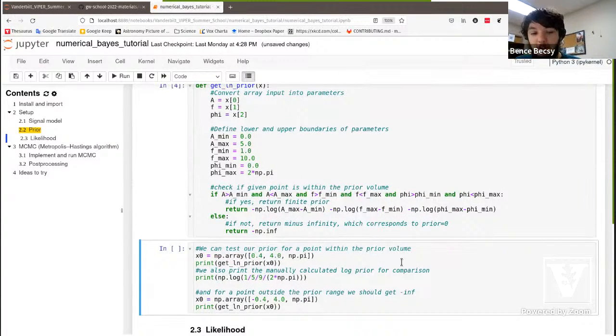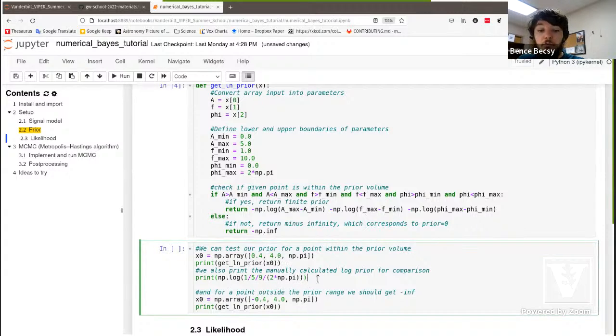It's probably a good idea to test your prior function just to make sure that it makes sense. So here I just plugged in some parameters that should lie within the prior ranges, and then I print the log prior for that value. I also print one that I calculated by hand here, which is just 1 over 5, which is the amplitude range, over 9, which is the frequency range, over 2 pi, and taking the log of all that.